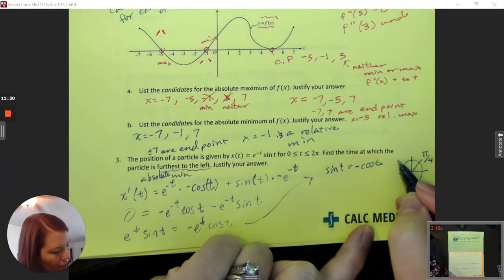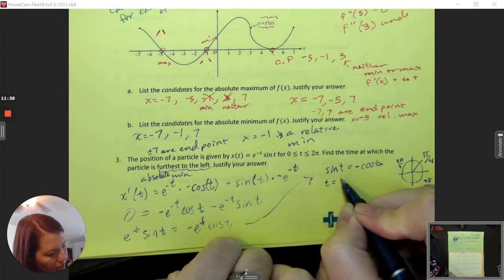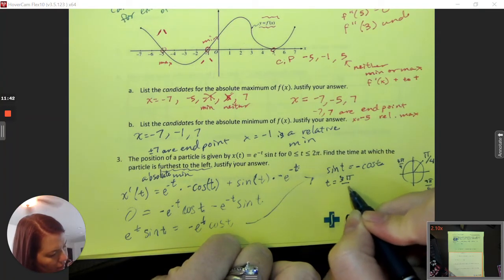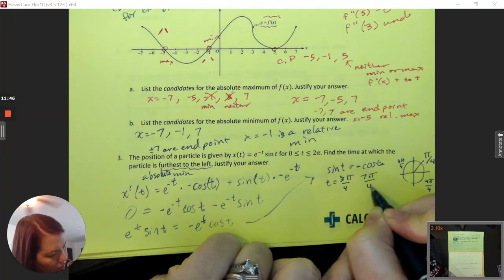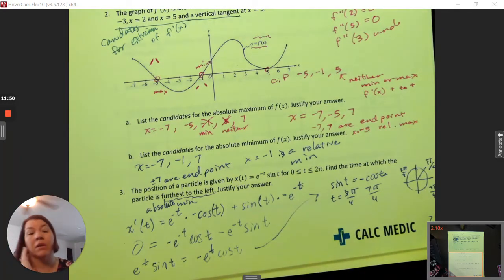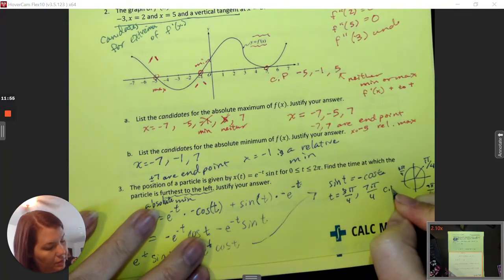So I need 3 pi-fourths because that's over here, and 7 pi-fourths because that's down here. So t equals 3 pi-fourths and 7 pi-fourths. We're going between 0 and 2 pi, so that's good. These are our 2 critical points.